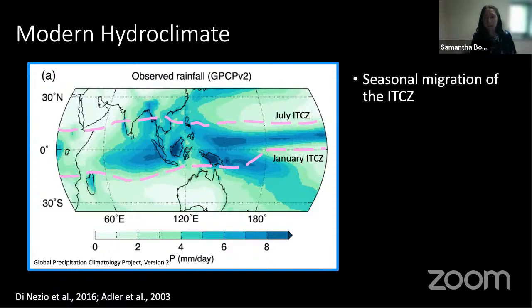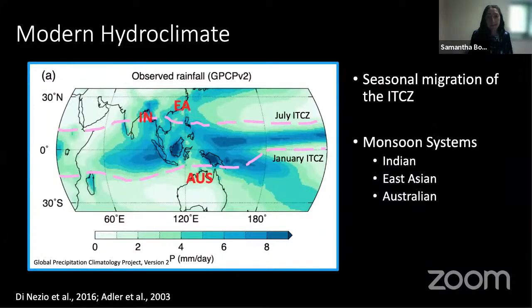We see that a huge driver of changes in rainfall in this region is the seasonal migration of the intertropical convergence zone, north in boreal summer and south in austral summer, following the seasonal cycle and the maximum sea surface temperature and incoming solar insolation.